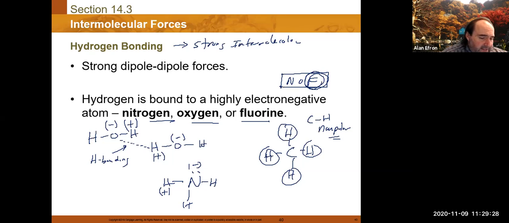It is able to hydrogen bond because we have a hydrogen that is directly attached to a nitrogen. So sometimes people think all you need is a hydrogen, and that is not the case. Again, CH4 would not be able to hydrogen bond because it doesn't have the right type of hydrogen. So that distinction is very important. You have to have a hydrogen that's directly bound to nitrogen, oxygen, or fluorine.